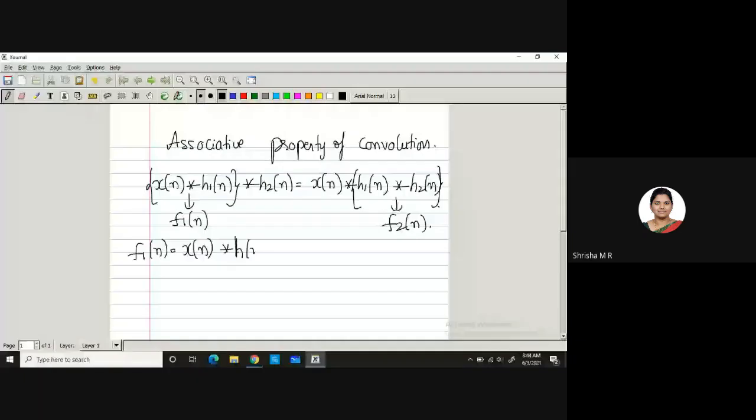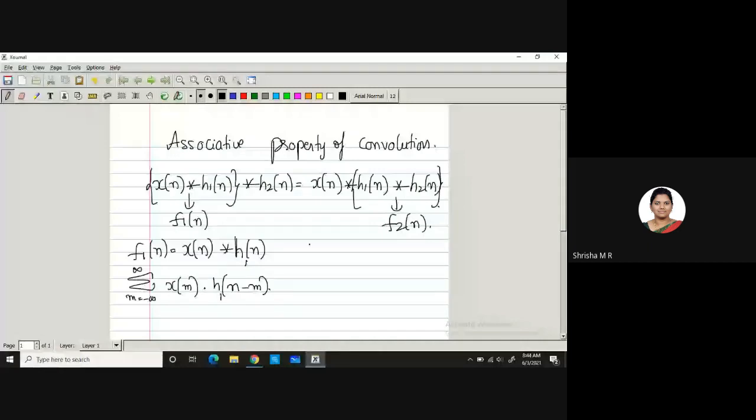So I can write it as summation and take some variable m. m is equal to minus infinity to infinity x of m into h1 of n minus m. Okay. So now I'll take f2 of n.